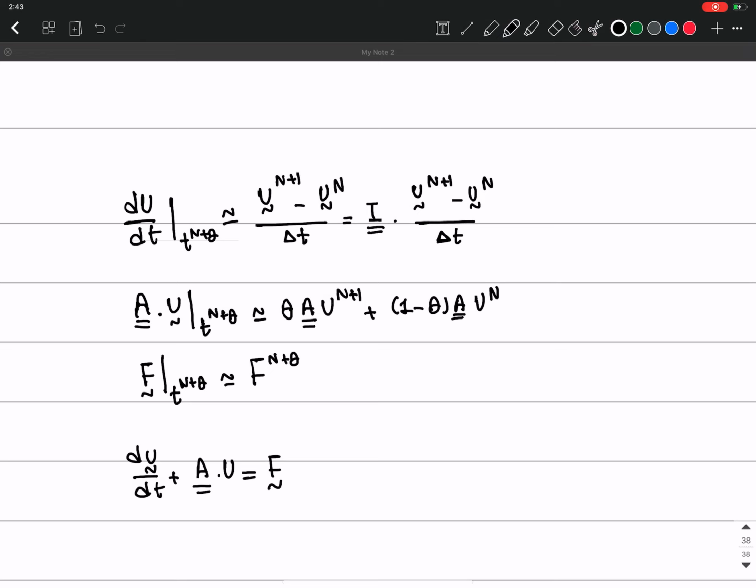So these were the original equations. So let me write the approximation. So the approximation is going to be I Un plus 1 minus Un over delta t plus theta A Un plus 1 plus 1 minus theta A Un, right?